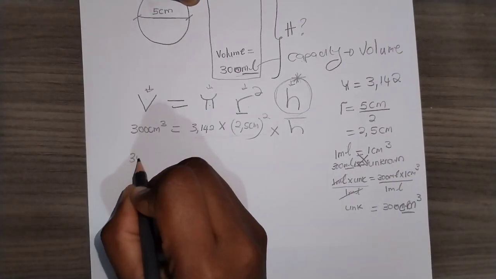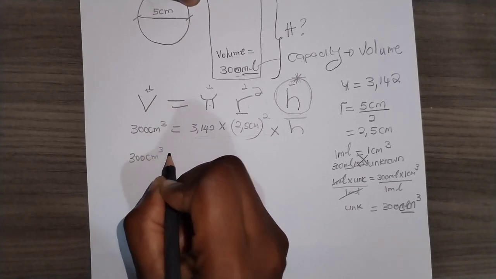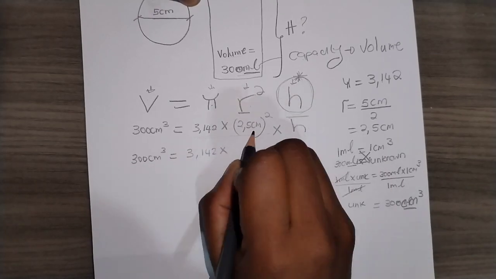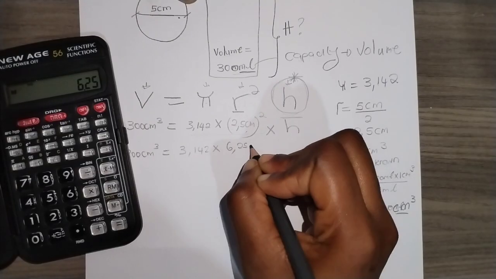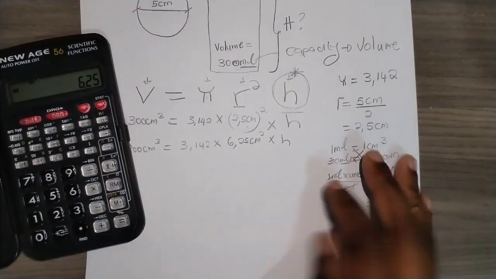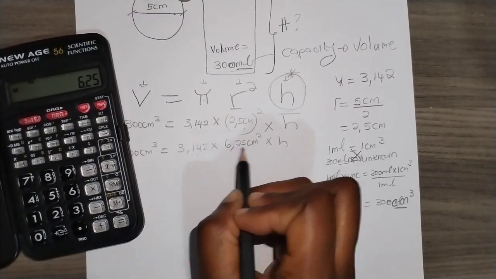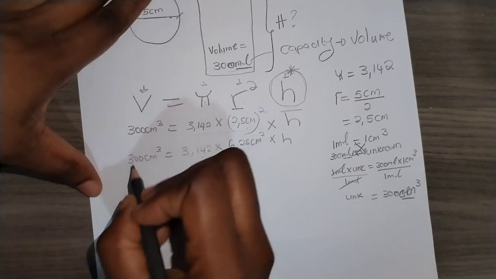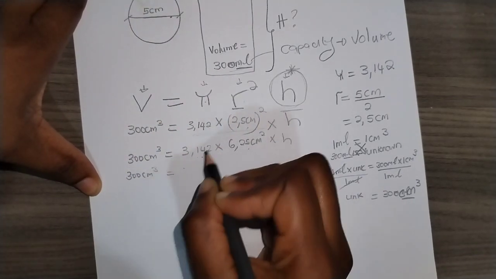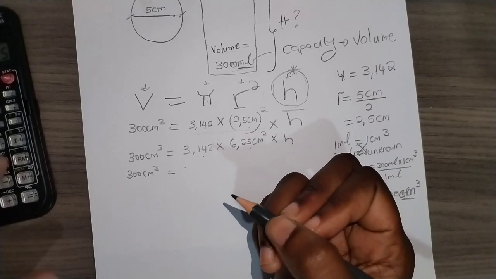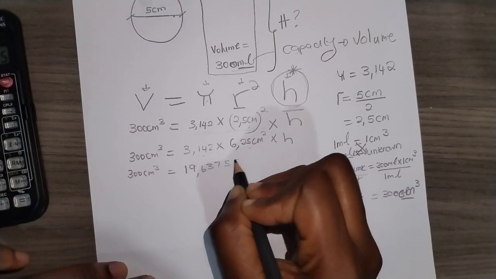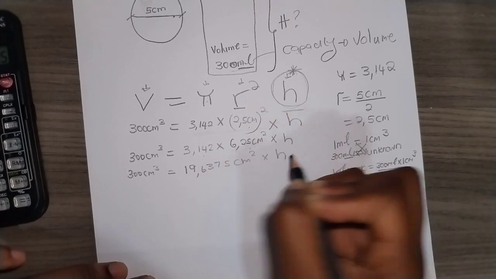So 300 centimeters must wait for me, and pi must wait for me, because I first want to square this. 2.5 centimeters squared times height, right? So now I can multiply these two numbers. 300 is still going to have to wait for me. 3.142 times 6.25 is 19.6375 centimeters squared times height.